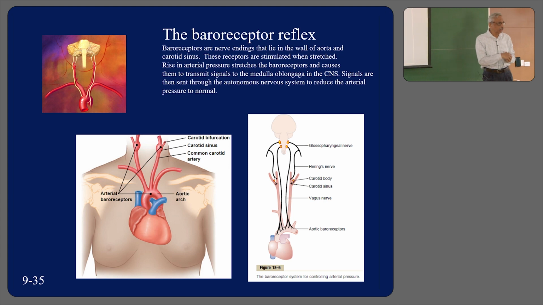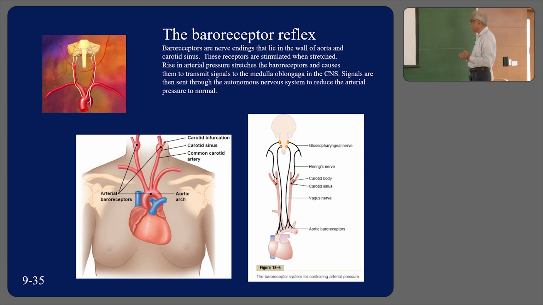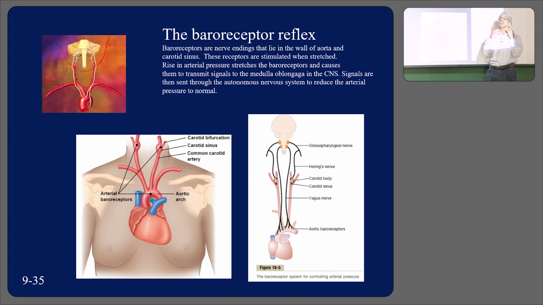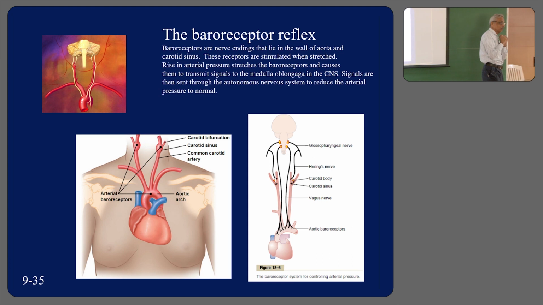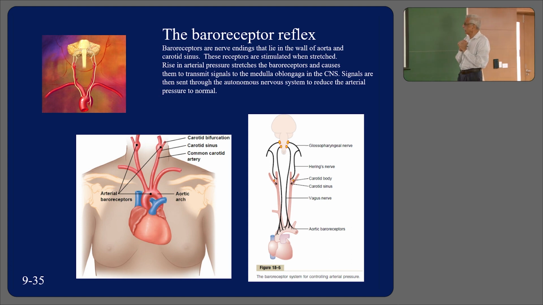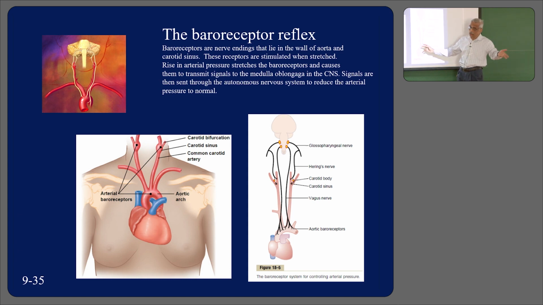So here you have the heart, here you have the aorta. From the aorta you get the branches of the carotids, and as the carotids go, somewhere in your neck they swell a little, and you call it the carotid sinus. The carotid sinus and your aorta are innervated by sensory fibers. They are mechanoreceptors, and they take information from the aorta over the 10th cranial nerve, which is also known as vagus.